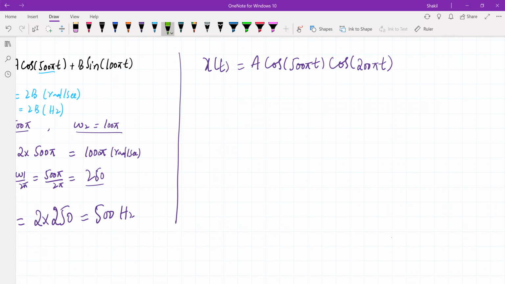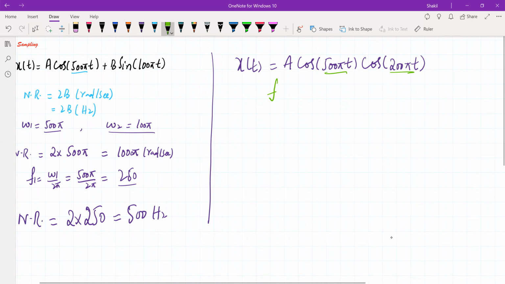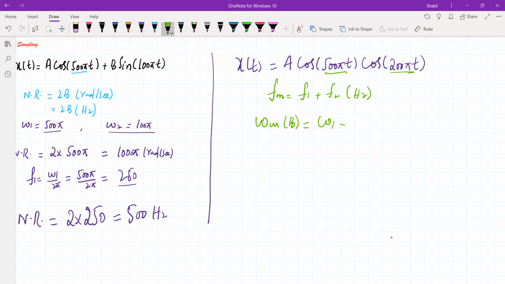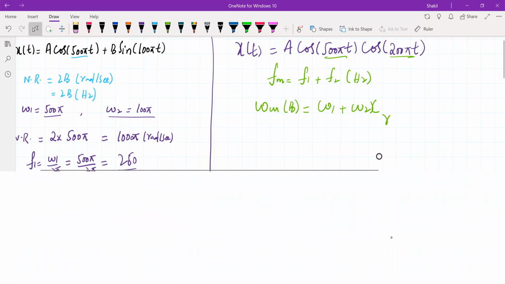The maximum frequency component will be simply the addition of these frequency components: F m is F1 plus F2 in hertz, or omega m is omega 1 plus omega 2 in radians per second.